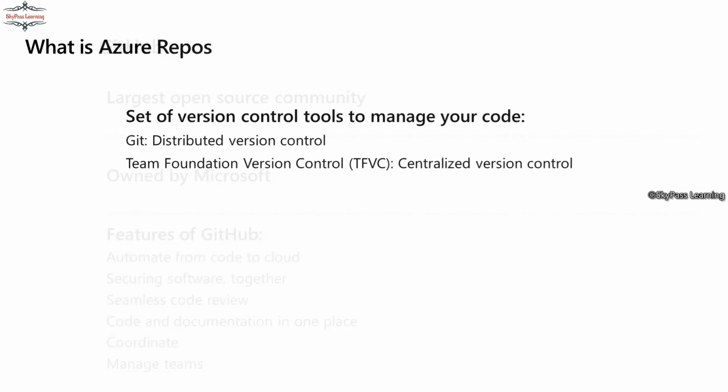Git is just nothing else. It's a solution that was earlier used in Linux as a repository to store the files. Now, what exactly GitHub is, I will let you know. Before that, you can see in Azure Repos, we have Git as well as Team Foundation Version Control. Now it has become Azure DevOps Server.